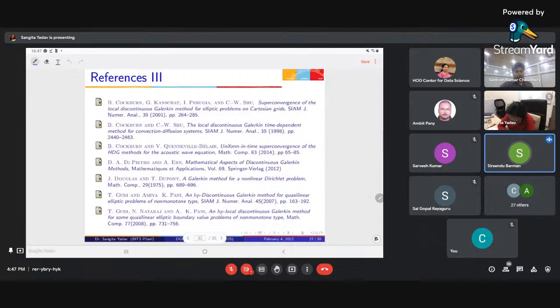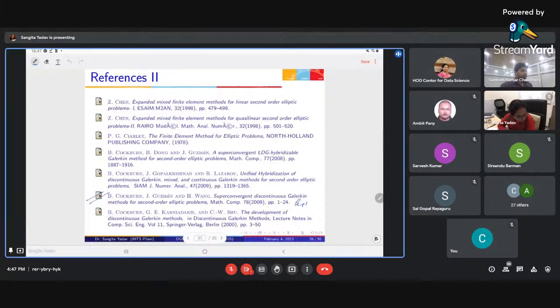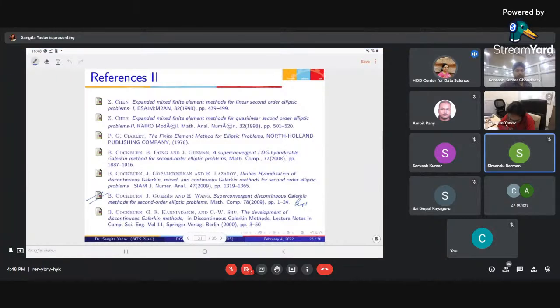Most probably, because if you recall, in the late 80s, C.W. Shu along with Cockburn studied nonlinear hyperbolic problems, the transport problems.